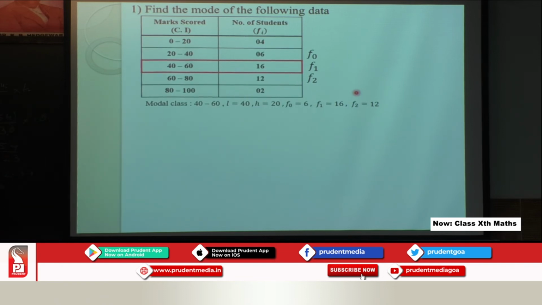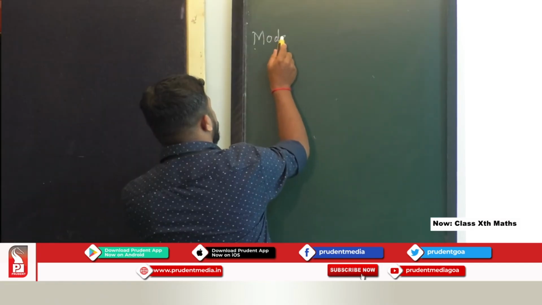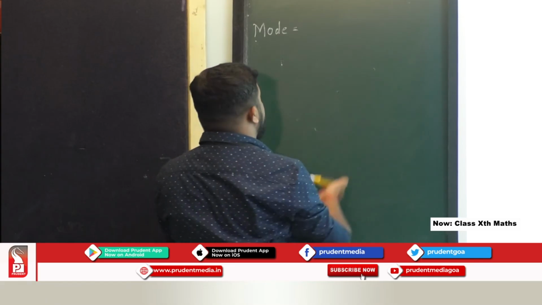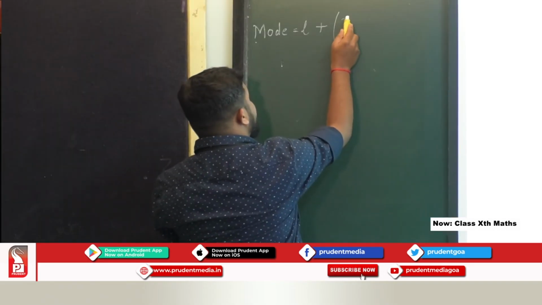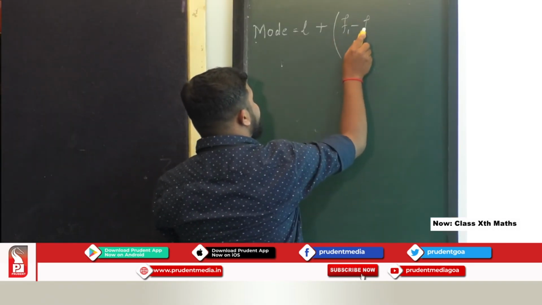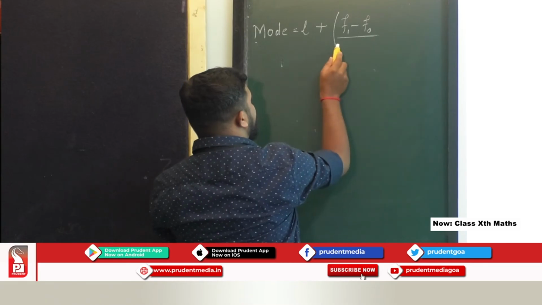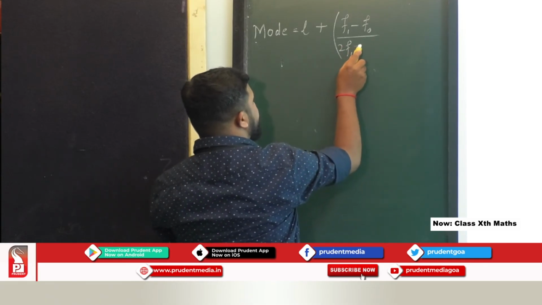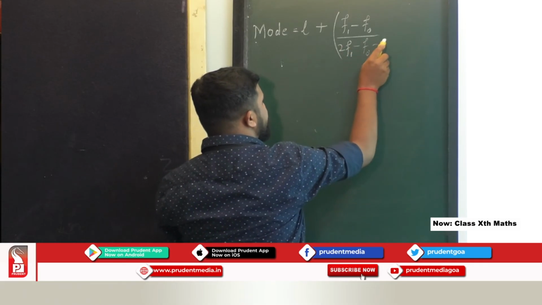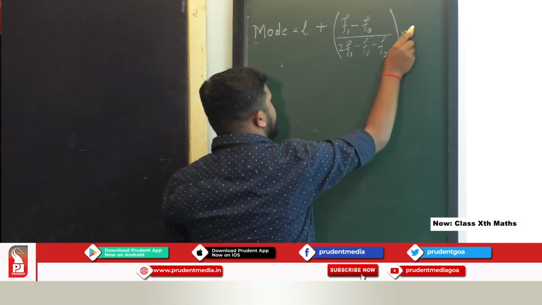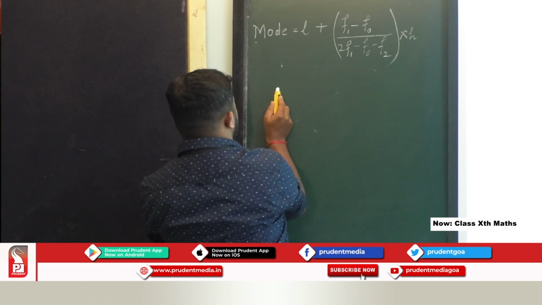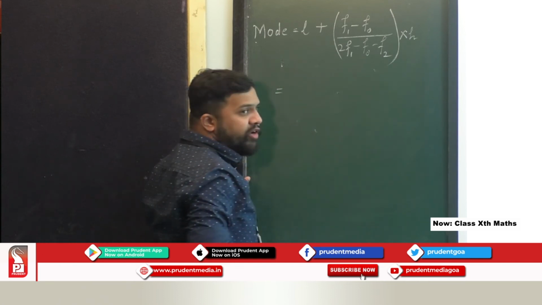Now we have to do the calculation. So let's write the formula of the mode. Mode is equal to L plus, in brackets, F1 minus F0 over 2 F1 minus F0 minus F2, times H. So let's substitute the values.